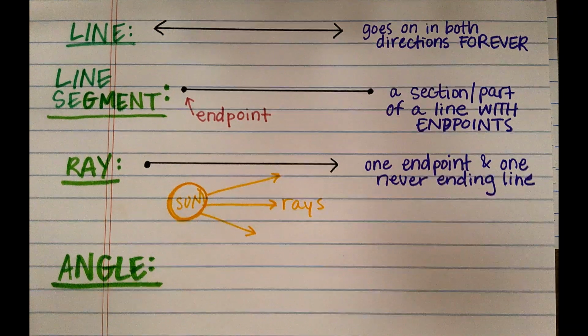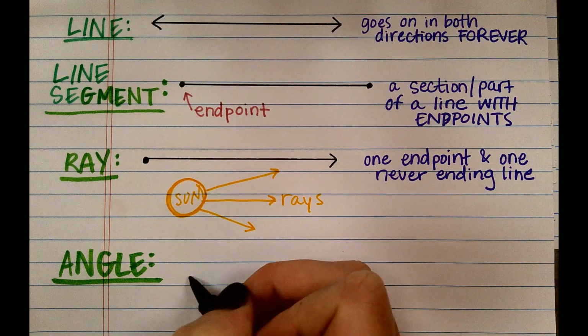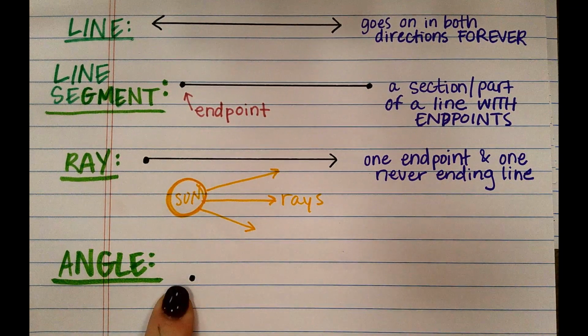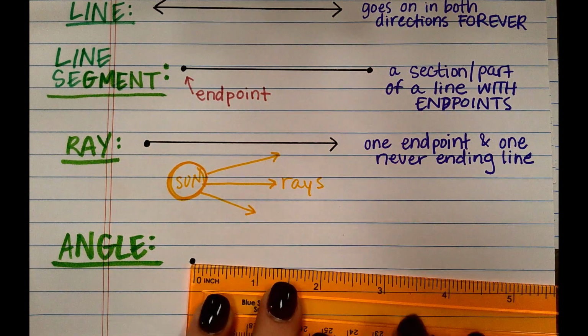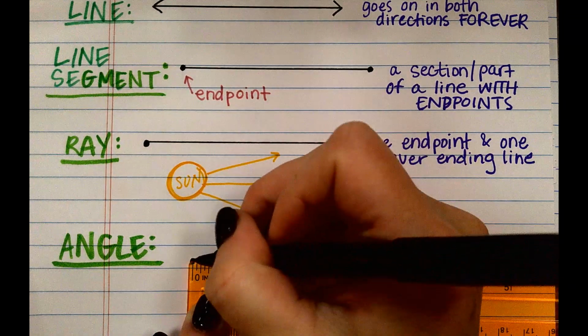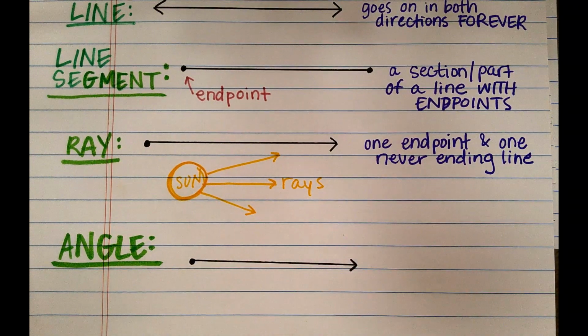When we draw an angle, we're going to start with a ray. So I'm going to start by making an end point, and I will draw a line coming out of that end point with an arrow at the end.